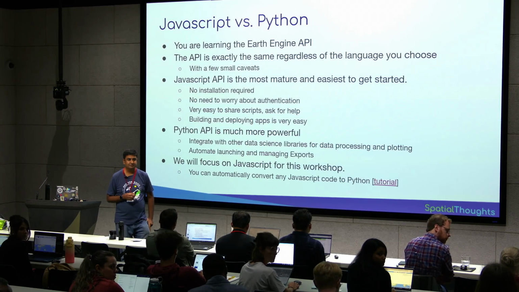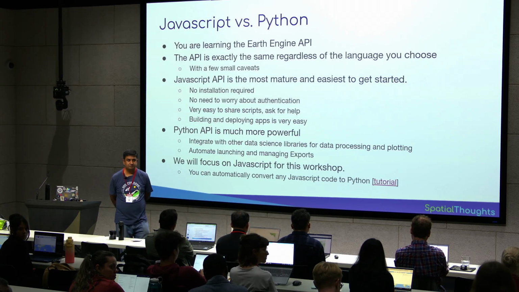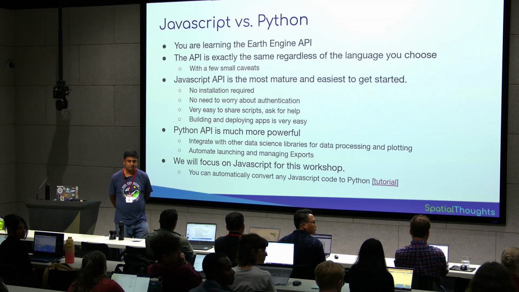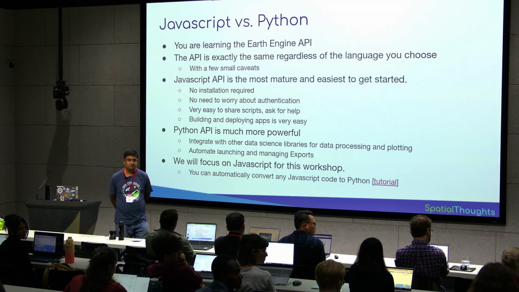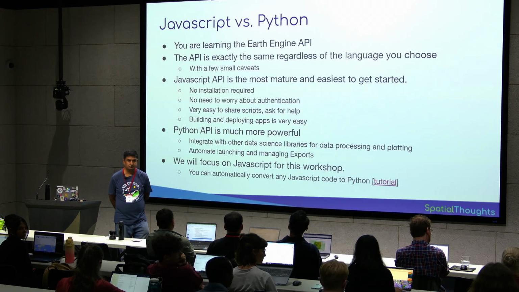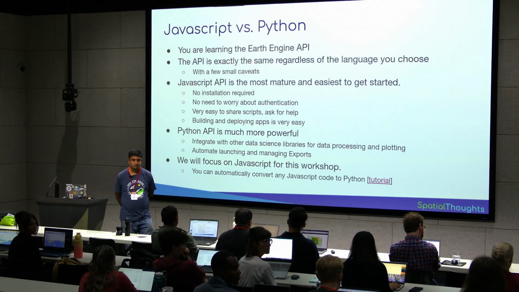I was wondering if you can talk to the point that if you think about the JavaScript as well as Python API, they are both using the same endpoint. So the API itself is actually the same. The Python API and JavaScript API that we are talking about is just a wrapper around the actual API. So whatever is in the code editor is just a wrapper. So when you're calling, for example, ee.ImageCollection, it is hitting an endpoint.